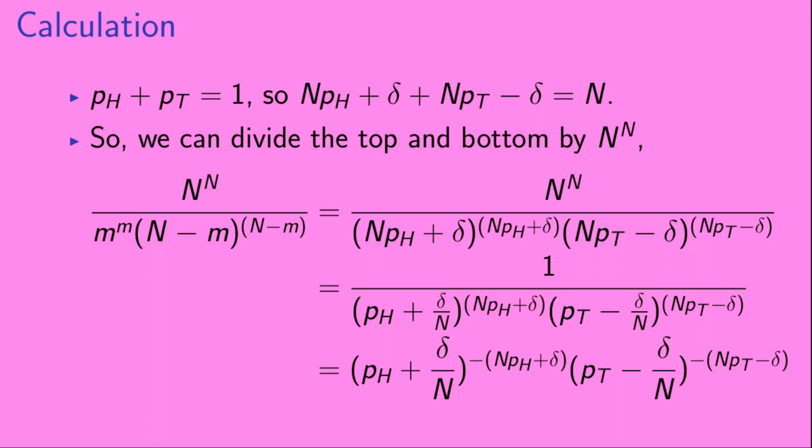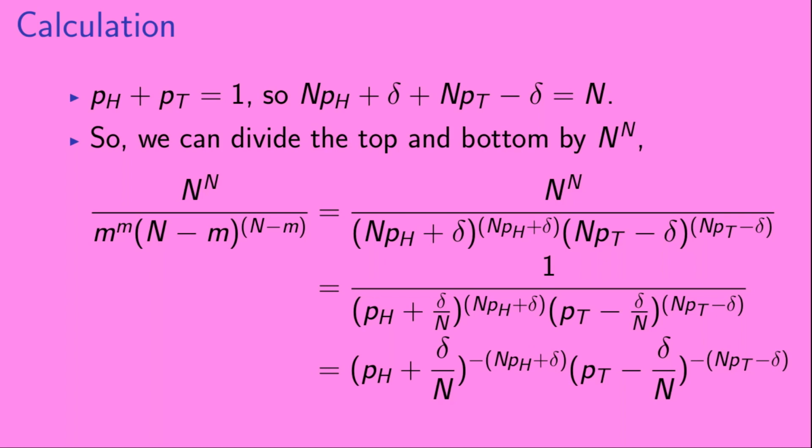In the denominator, the n ph plus delta raised to the power of n ph plus delta becomes ph plus delta over n raised to the n ph plus delta, and the n pt minus delta raised to the n pt minus delta becomes pt minus delta over n raised to the n pt minus delta.